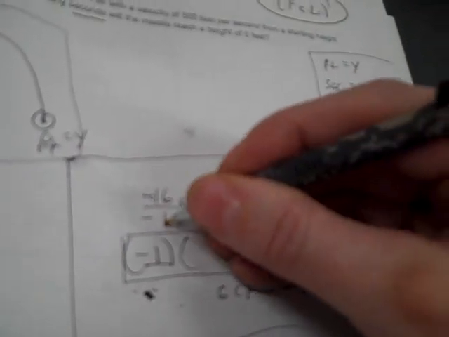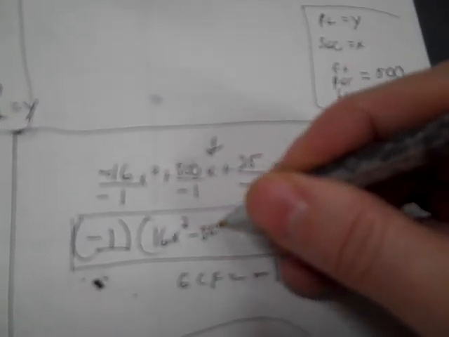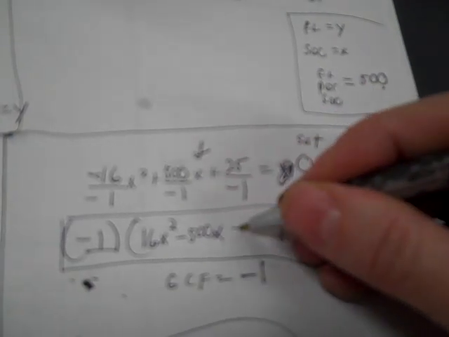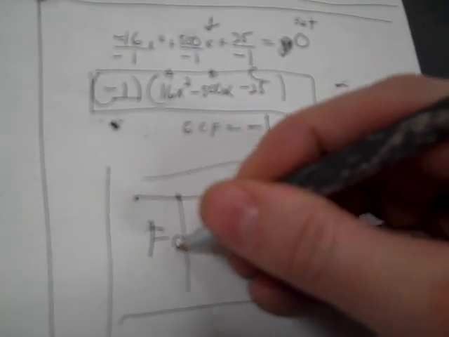Yeah, it's 1. But it's negative, so we actually go through with it. So negative 16 divided by negative 1 is positive 16x to the second. And that will switch the 500 to minus 500x. And that goes to minus 25. And now my table, I do it at A, B, C. But I put fail, so it's a fail.